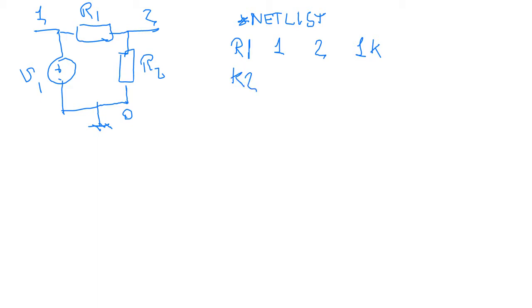R2 between 2 and 0, let's say 2 kilo. And then V1 between first the positive 1 and 0, let's say 2 volts. And then this is the netlist.